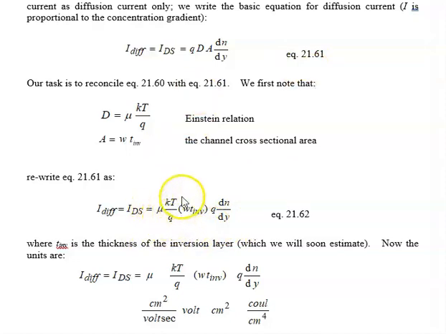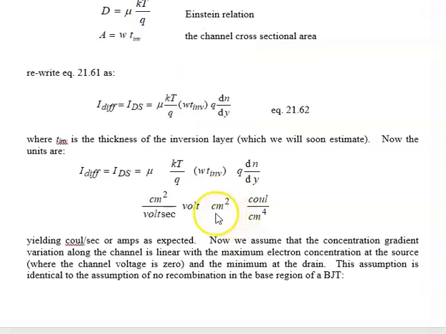This is the Einstein relationship here. This is the area, and the Q comes from here. So again, if we look at the units, mu is centimeters squared per second. This is volts. This is centimeters squared. And this term here is coulombs.